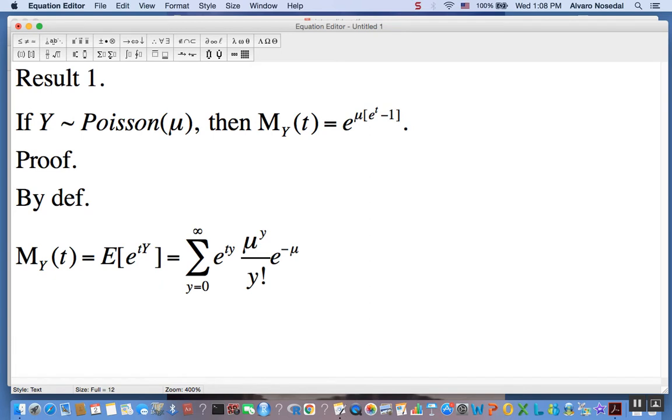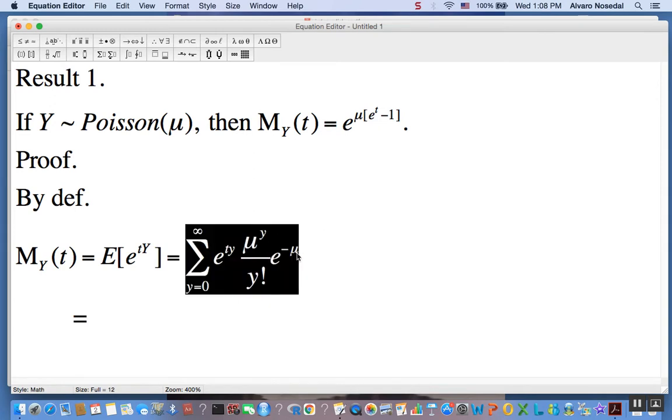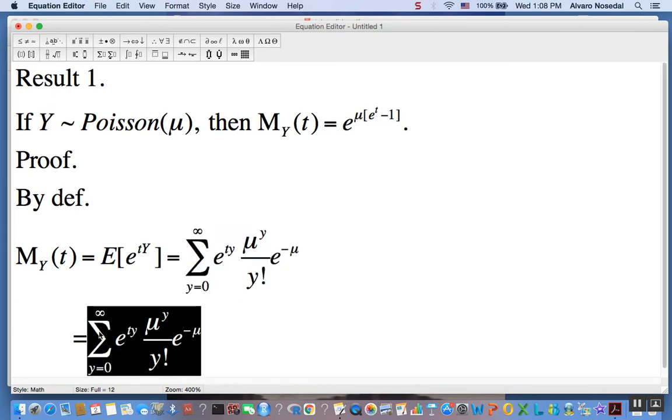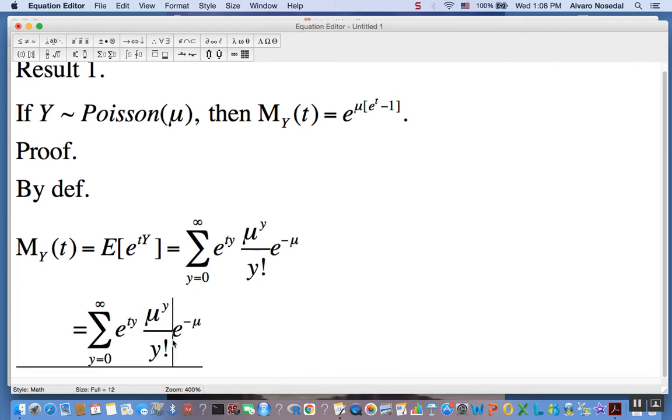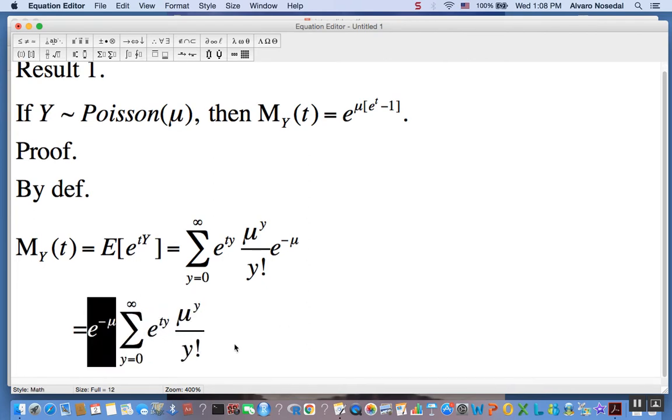Then what we're going to be doing is a little bit of algebra. We're going to be trying to simplify this. So first, note that this term here doesn't depend on y, so we're going to pull that out. That will be our first move. Got it? No problem?